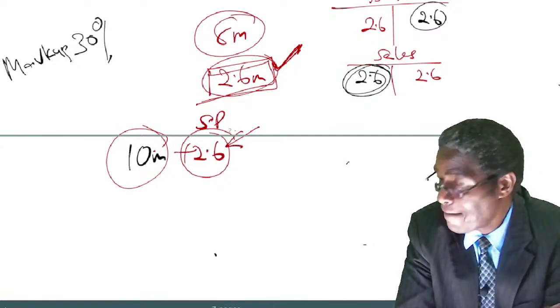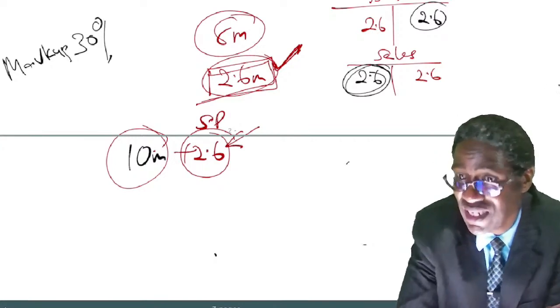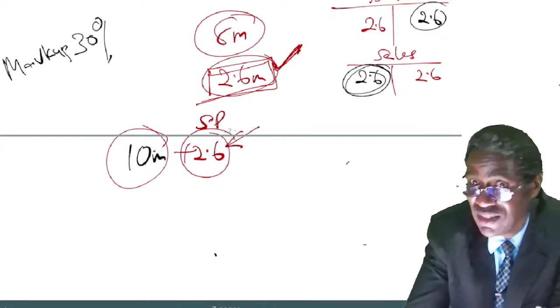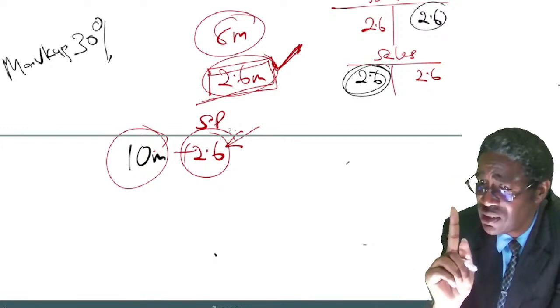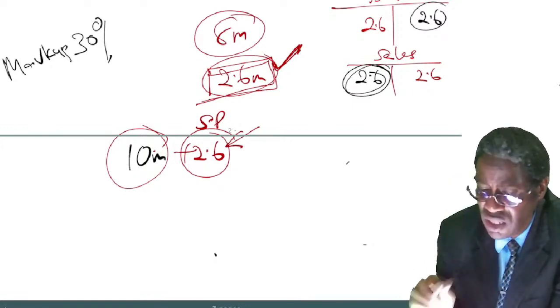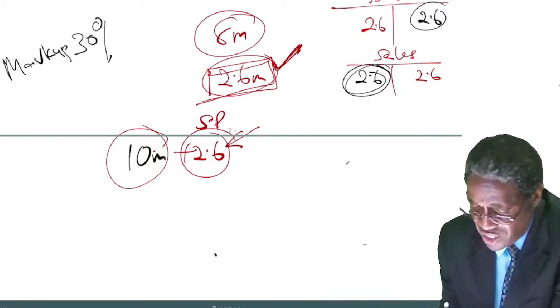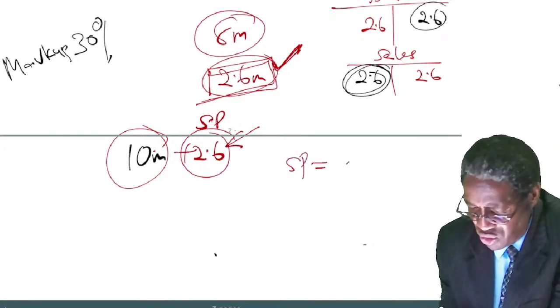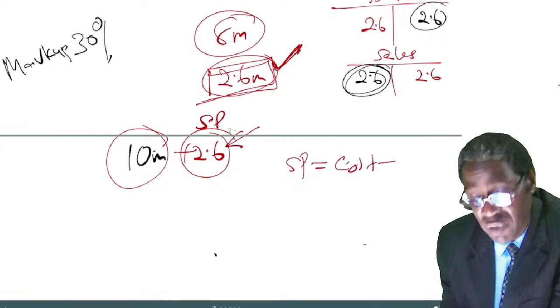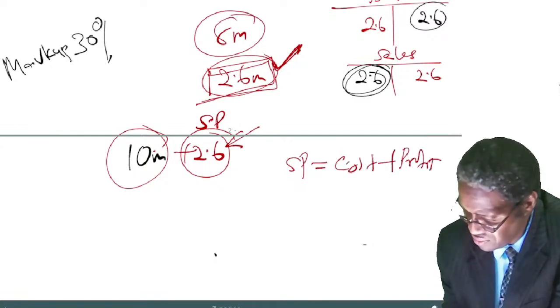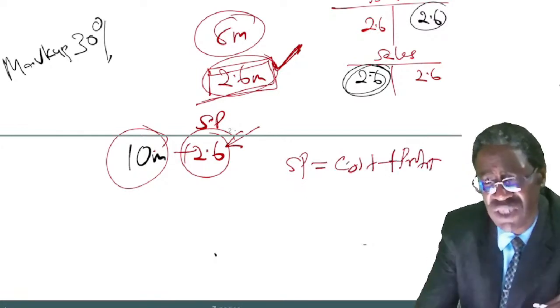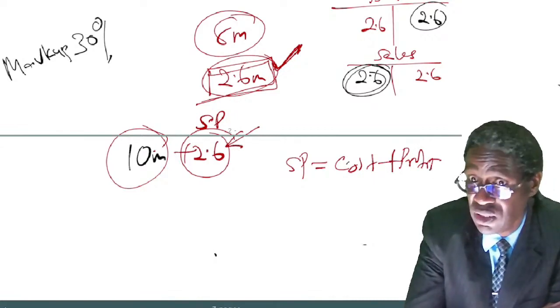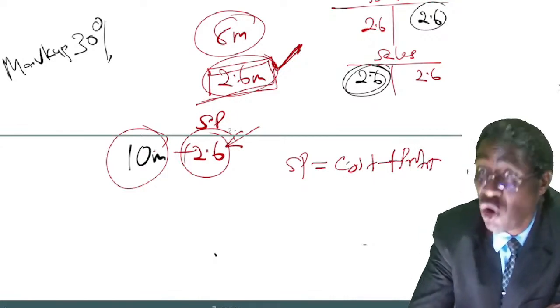Are you there? Now we are saying, how do you get the cost? Of course, you know selling price is equal to cost plus profit. To get the selling price of something, you normally take cost plus profit. Now I want to get the cost.